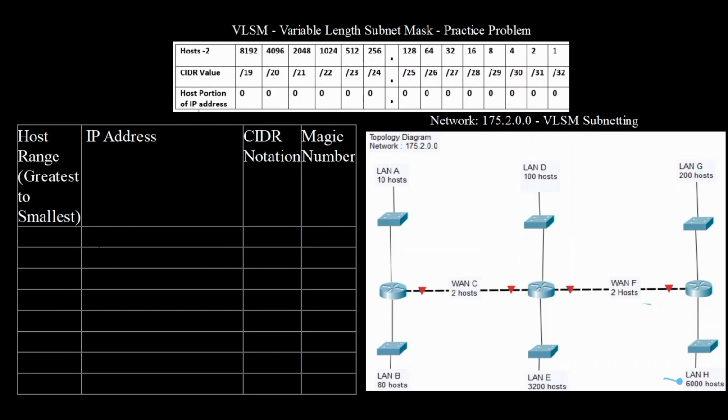Starting from the largest, which is LAN H, we are going to write down 6,000. Next, I have 3,200 on local area network E. Next, on local area network G, I have 200.